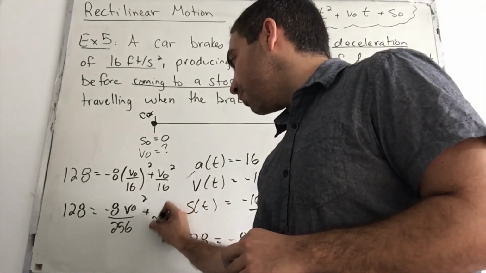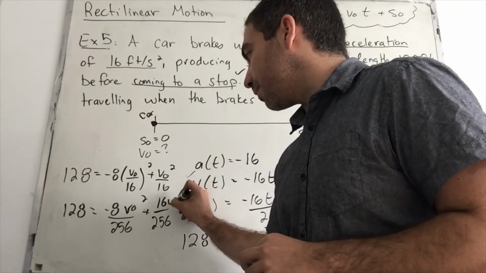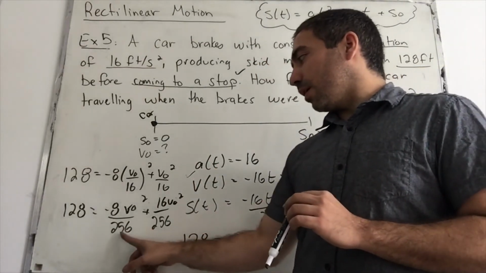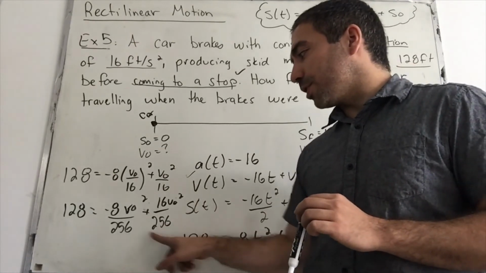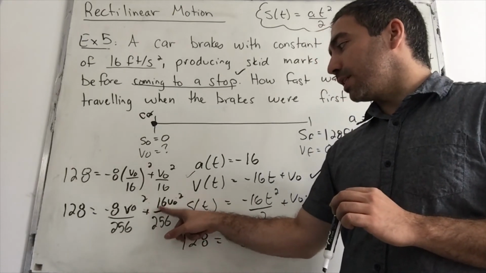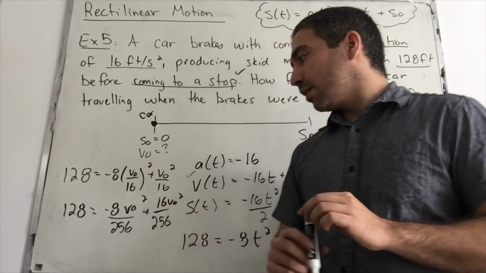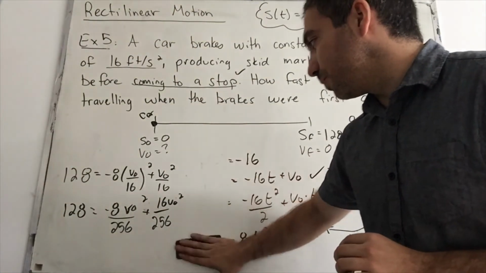So we get 256 on the bottom, and on top we get 16 v0 squared. Okay, so I just multiplied the top and the bottom by 16 to get this. Now that the denominators are the same, we could add the numerators. So we get negative 8 v0 squared plus 16 v0 squared, which is positive 8 v0 squared. So I'm just going to erase this and give myself some room.